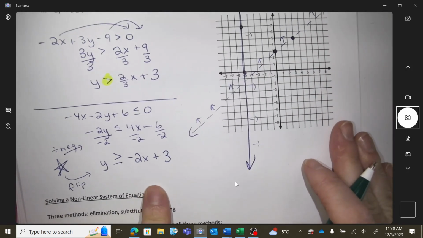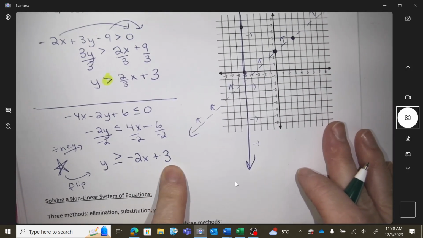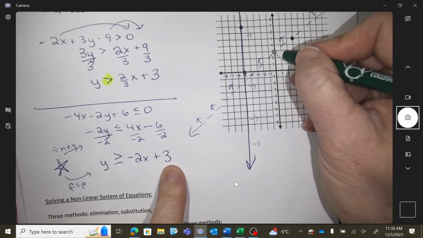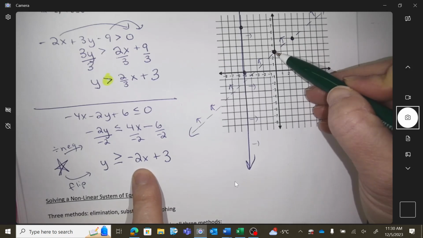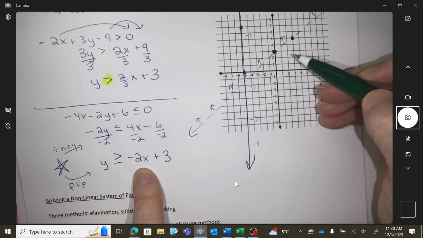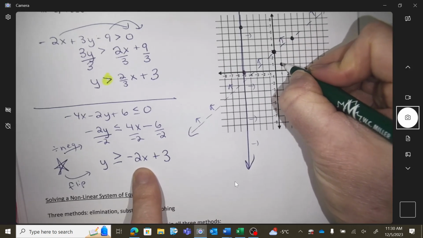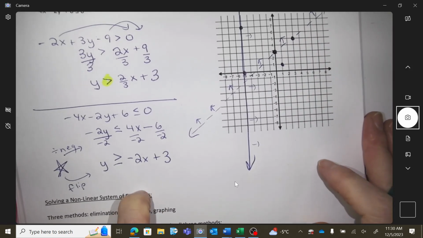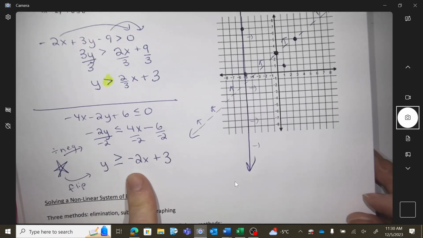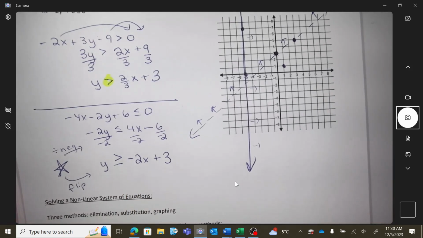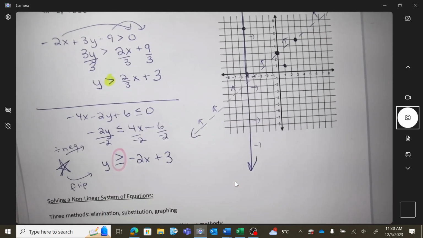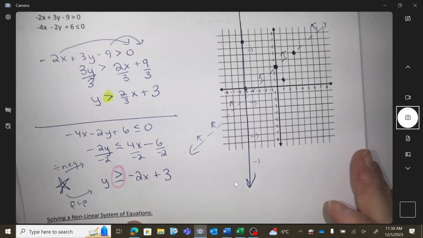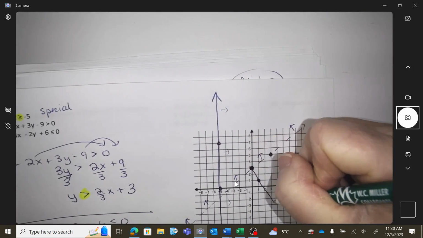Okay, so now I'm ready to graph. The y-intercept is 3, so that's the same coordinate. And I should now go down to right 1. And the symbol says greater than or equal to. So I can be on it. So I'm going to draw this as a solid line.